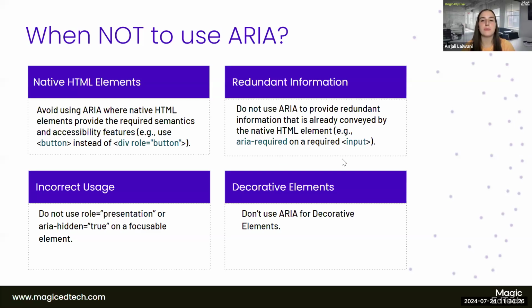Do not use ARIA to provide redundant information that has already been conveyed by the native HTML element. Incorrect usage. So don't use role equals presentation or ARIA hidden equals true on a focusable element. And decorative elements. So we don't need to use ARIA for decorative elements. Charveen, is there anything you'd like to add for these portions?